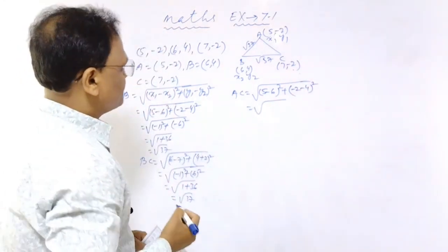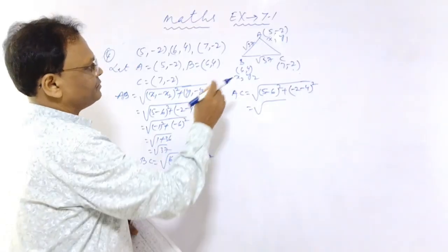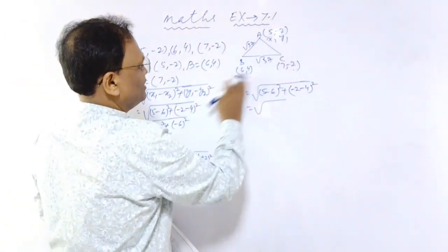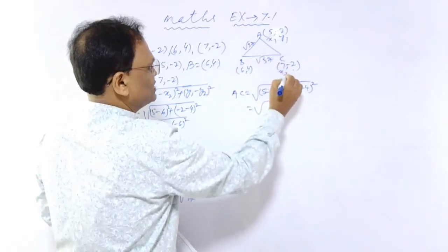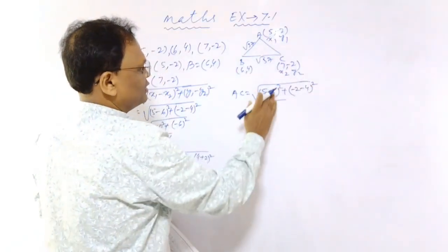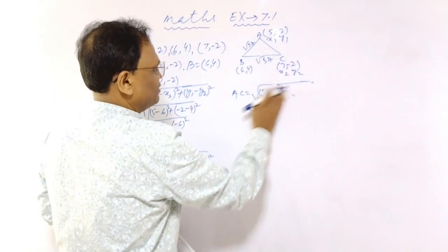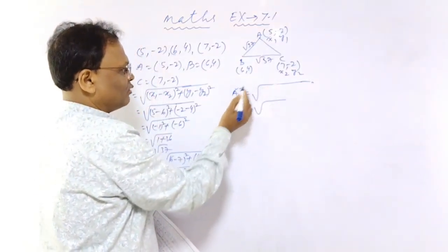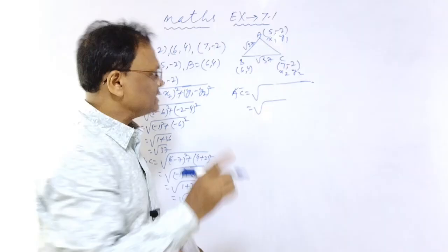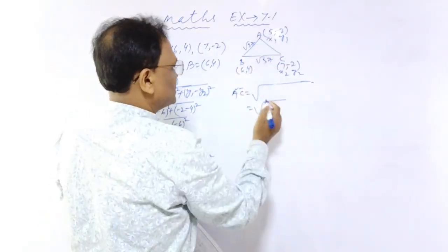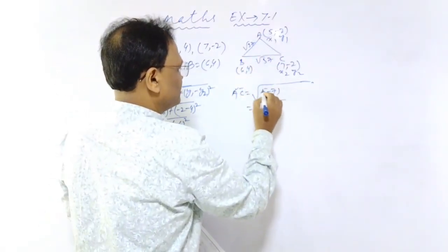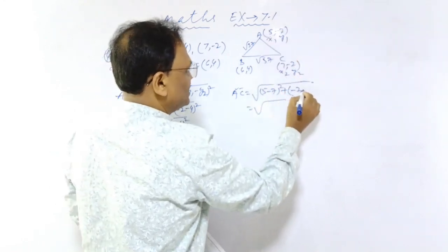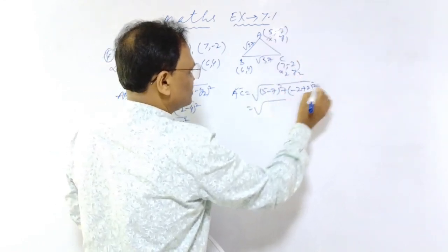Remember, whenever you are finding AC, you have to take the coordinates of A and C only. So x1 minus x2, 5 minus 7, whole square, plus y1 minus y2, minus 2 minus of minus 2, whole square.